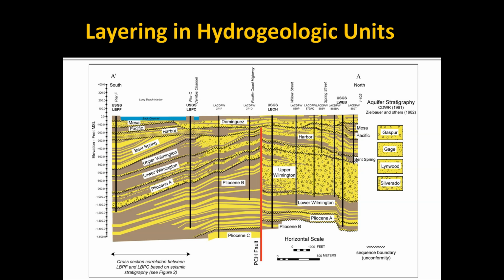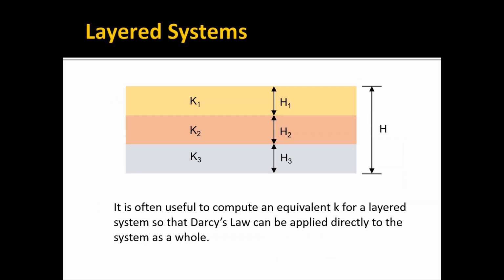When you're dealing with layered systems, one of the things that we frequently encounter is the need to simplify our layered system and represent it using a more holistic, simplified representation. For example, suppose we have three layers of soil or rock shown like this, and we want to simulate flow horizontally through this system.